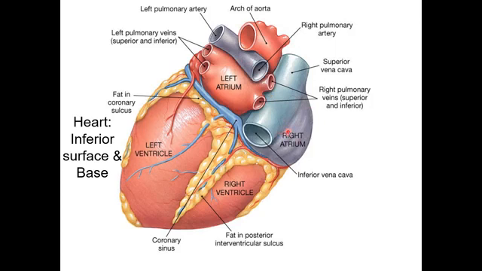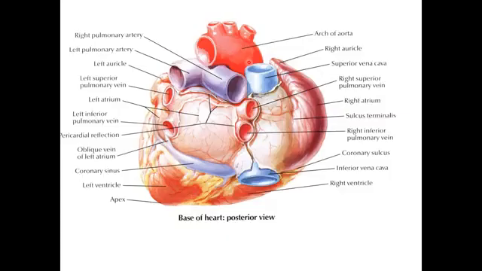And we can see that in the right atrium we have two large veins coming in, the superior vena cava and inferior vena cava. In the left atrium we have four veins which are the pulmonary veins, and those coming from the front are the arteries. We have the aorta and the pulmonary trunk dividing into right and left side.